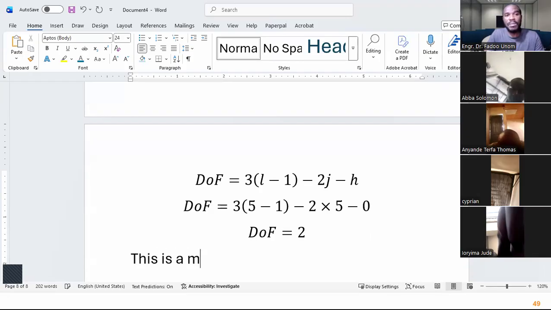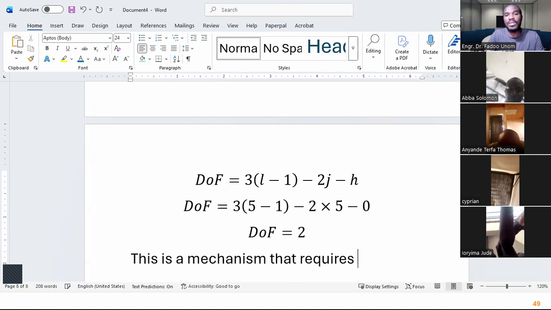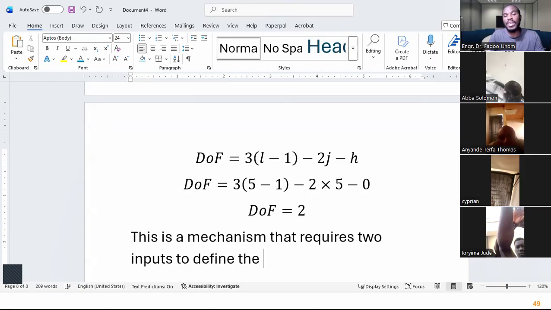This is a mechanism that requires 2 inputs to define the motion of the mechanism.